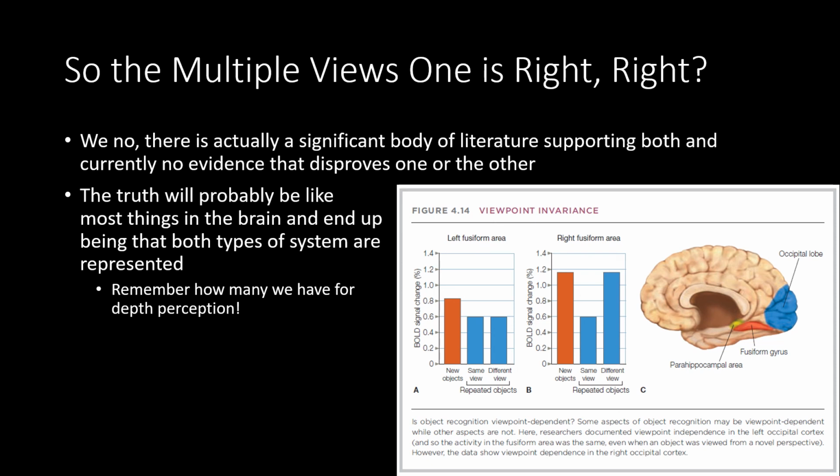Just think back to when we talked about depth perception. There were so many different mechanisms through which we are able to establish depth. So it makes sense that at least the possibility exists that we would have multiple systems for being able to recognize objects. This debate is still strongly ongoing, and much further research is required.